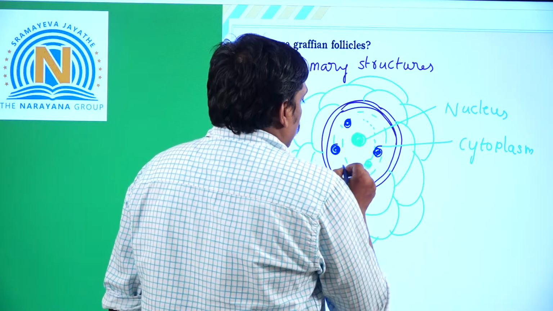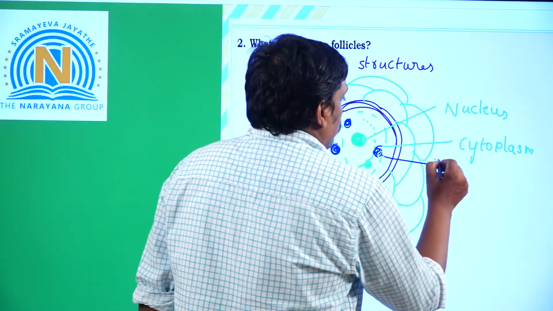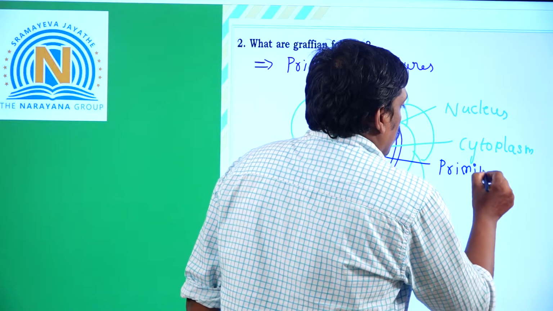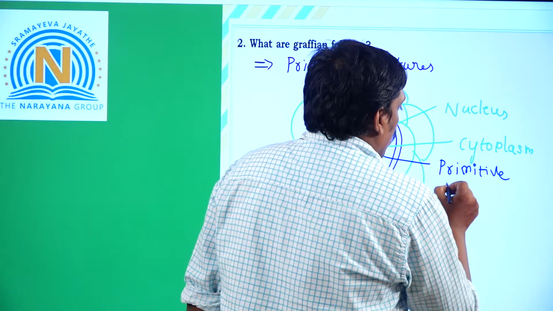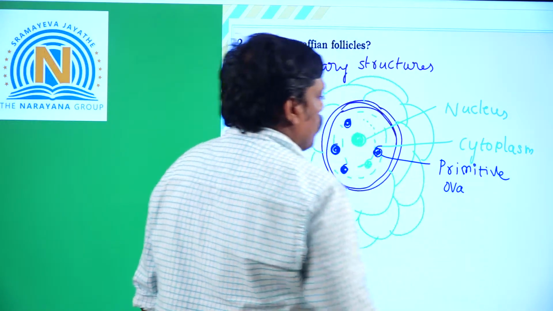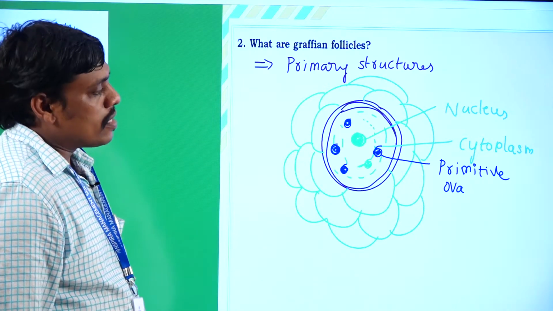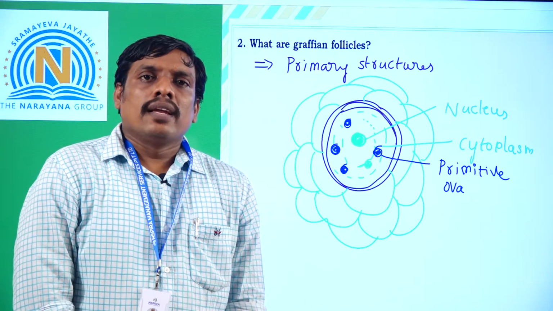These are called primitive ova or primitive female gametophytes, which later develop into the female gamete.